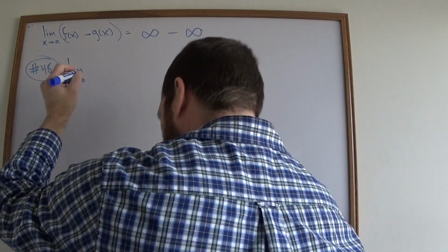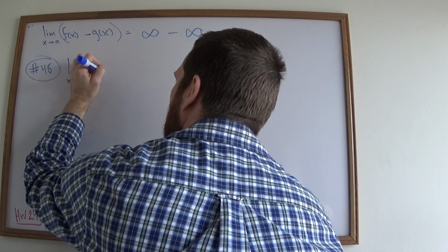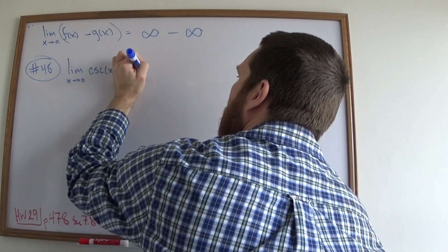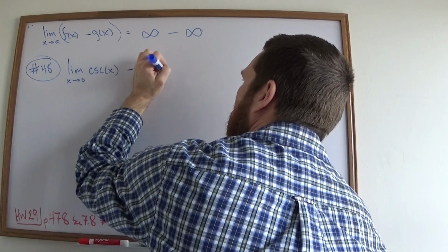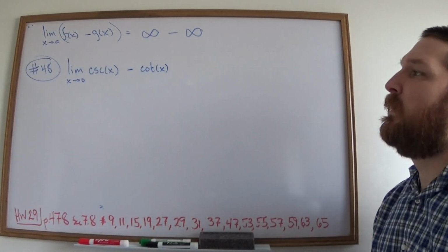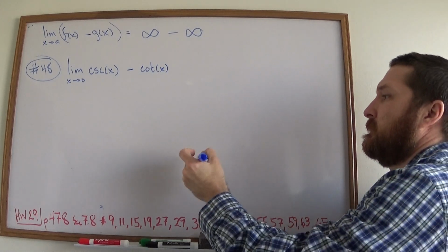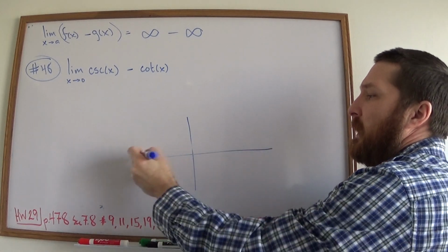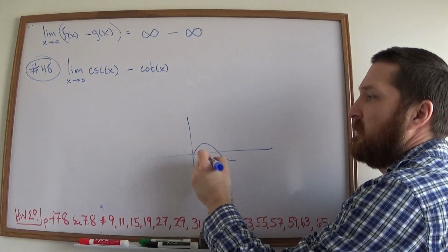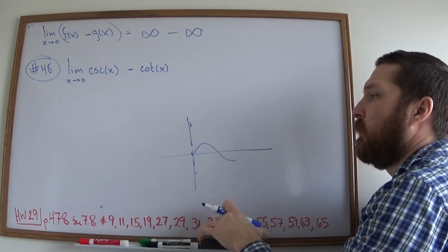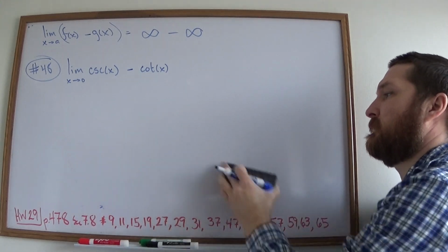But it says, for instance, if we have this, number 48, cosecant minus cotangent. First thing we do is just plug it in. What is cosecant 0? Infinity, because sine goes to 0, so dividing by it would give you that. What about cotangent at 0?